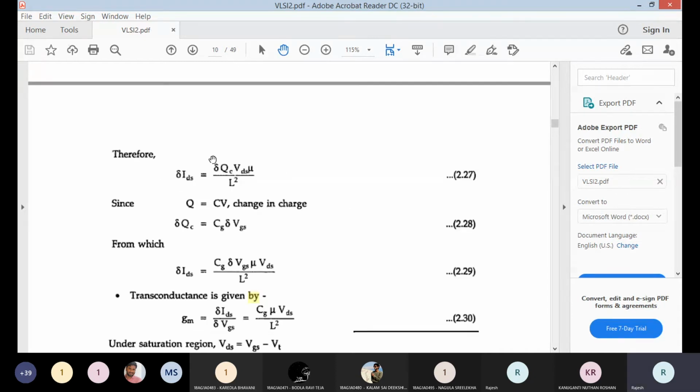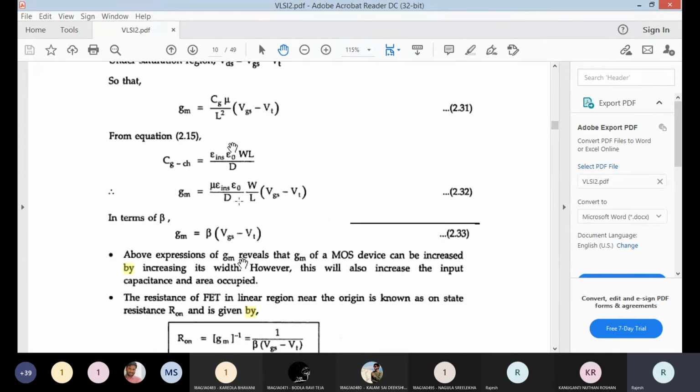So dou IDS is nothing but dou QC by tau. Tau we have already substituted. Just dou QC is calculated, and that is again kept in the equation. So finally we got GM as equation 2.32. If you consider the first parameter, K into W by L is beta.